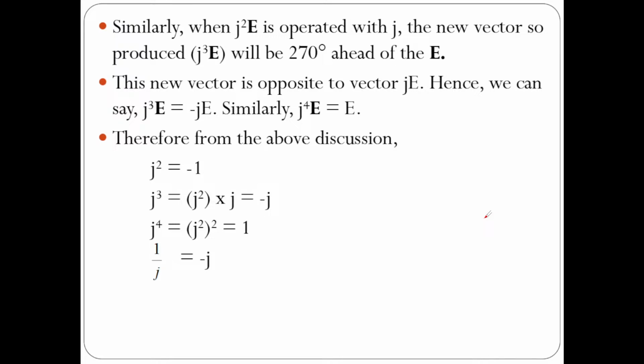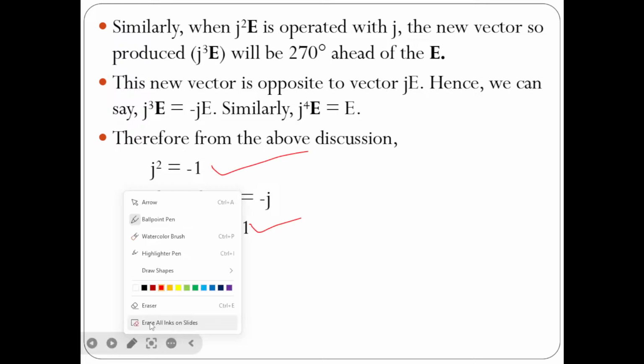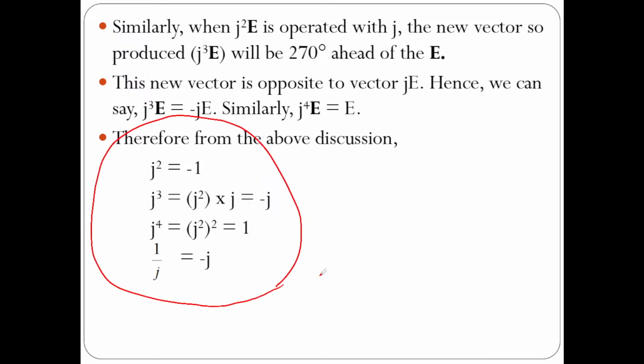And 1 by J is minus J. So just note down all these J operator terms, which is important.